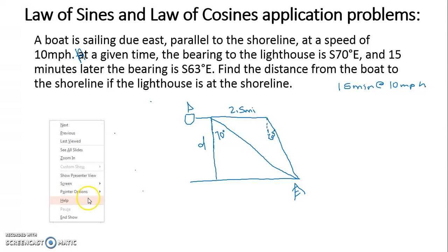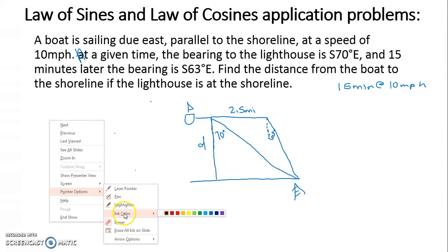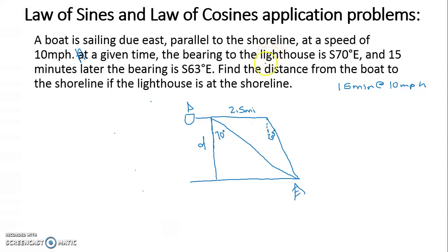So I want to get that filled in. I also want to see if there's anything else that I can fill in. So that's 153 degrees. I know my 2.5. Oh, I know this angle would be 20 degrees because going due east or due south would be 90-degree difference there.